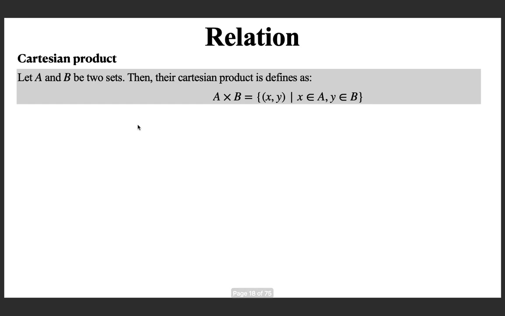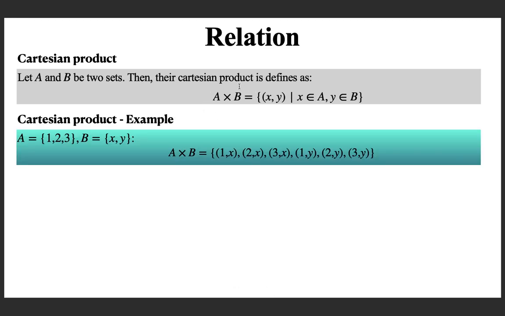Now, we can formally define what a relation is. Let A and B be 2 sets, then their Cartesian product is represented as A cross B, and it is defined as the set of all pairs xy such that x is taken from the set A and y is taken from the set B. So, this is called the Cartesian product.